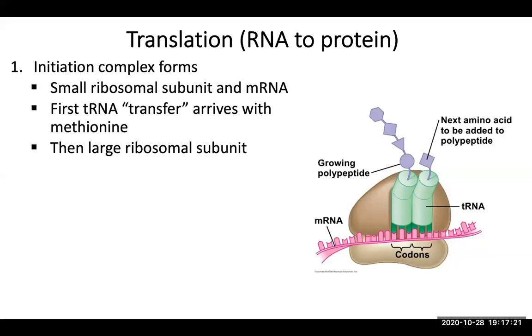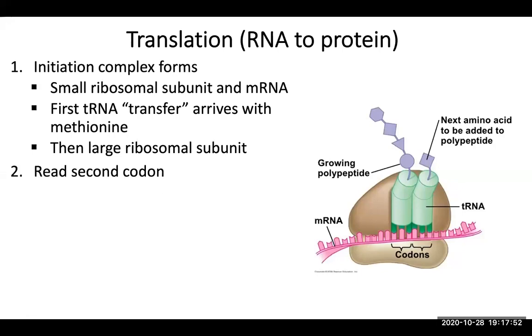Actually, what happens is that the small ribosomal subunit will bind to the mRNA, and then a transfer RNA with the first codon, which is always the start codon, so it's going to be a methionine, will bind, and then the large subunit will bind to that. So it's actually a very specific sequence of events before you have the whole unit.